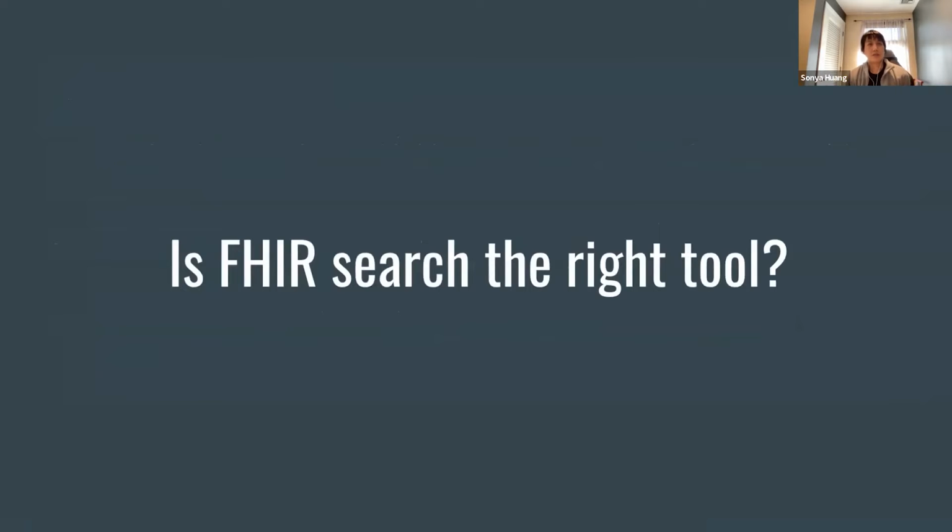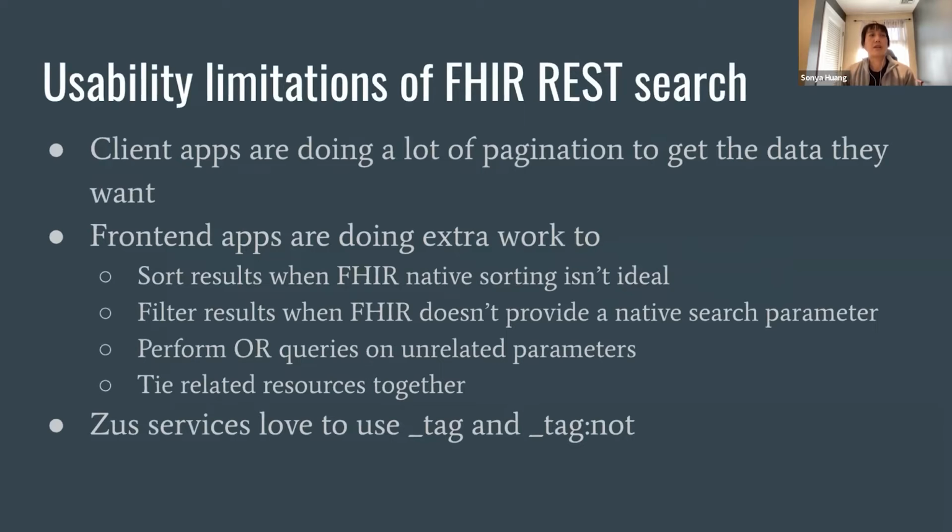Another thing we learned when we talked to our downstream applications was that they did a whole lot of pagination. One reason our FHIR server would become slower was just the load on it. So we wanted to understand why people were making so many requests, because pagination is not a great use of an API. It turns out FHIR has search parameters that allow you to filter down your data, but some search parameters don't exist.